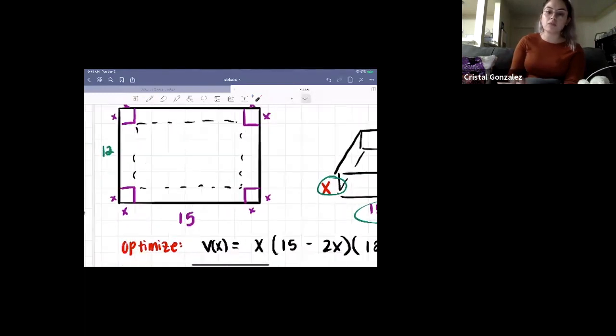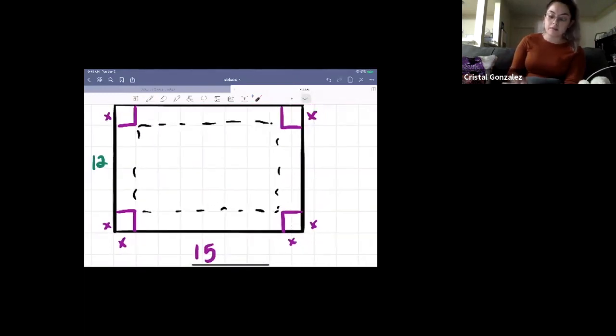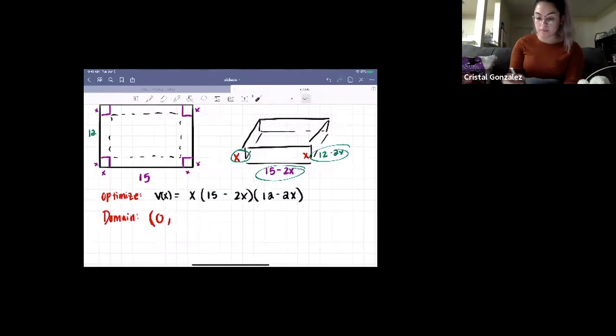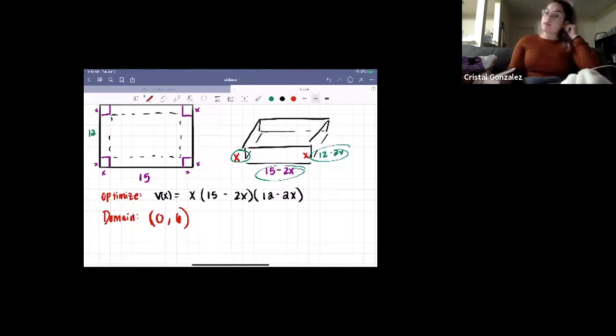So I'm going to take my smallest side and say it can't be smaller than 2 times that, because that's what I'm going to be taking away. So it can't be smaller than 6. I mean, it can't be larger than 6, because then it wouldn't exist, and it actually can't be 6, because then it wouldn't be anything. Okay.